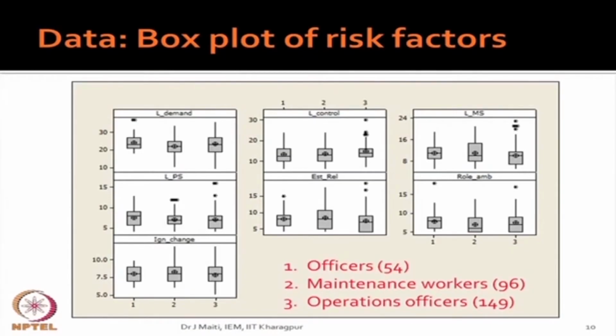One ANOVA, what will happen? The ANOVA will give individual factor differences, but it may so happen that the covariance structure of all the response variables is governing the stress level imposed on or exposed to the different employees. So, what is required then? We must collectively assess.